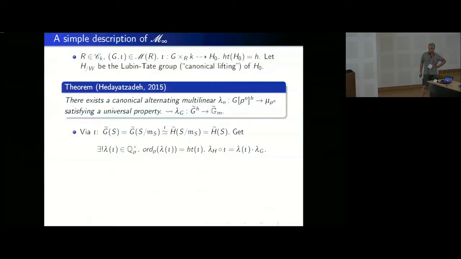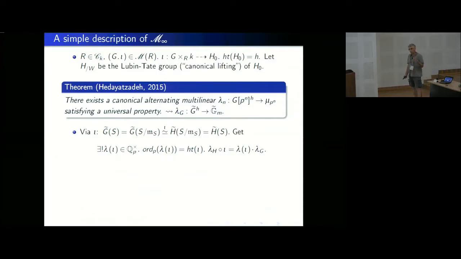Now, remember that iota gave us a way to identify the universal covering of G at S over ms with the universal covering of H at S over ms, right?